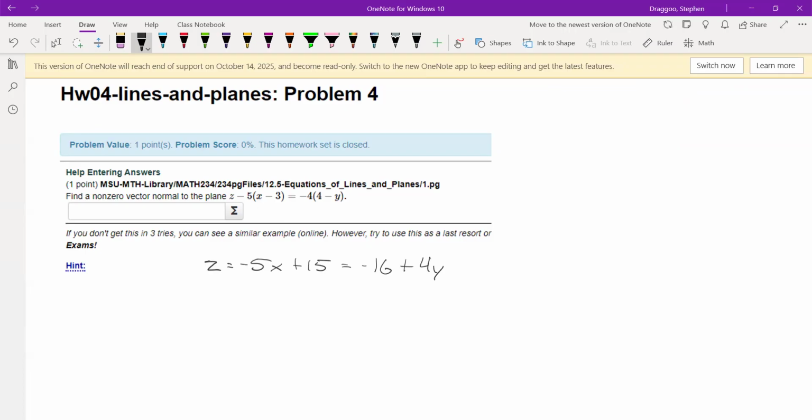I'll just distribute those coefficients. And then I'm going to group all of my terms on one side. So how about the left side? This will be -5x minus 4y plus z. And then I've got 15 plus 16 is plus 31 equals 0.